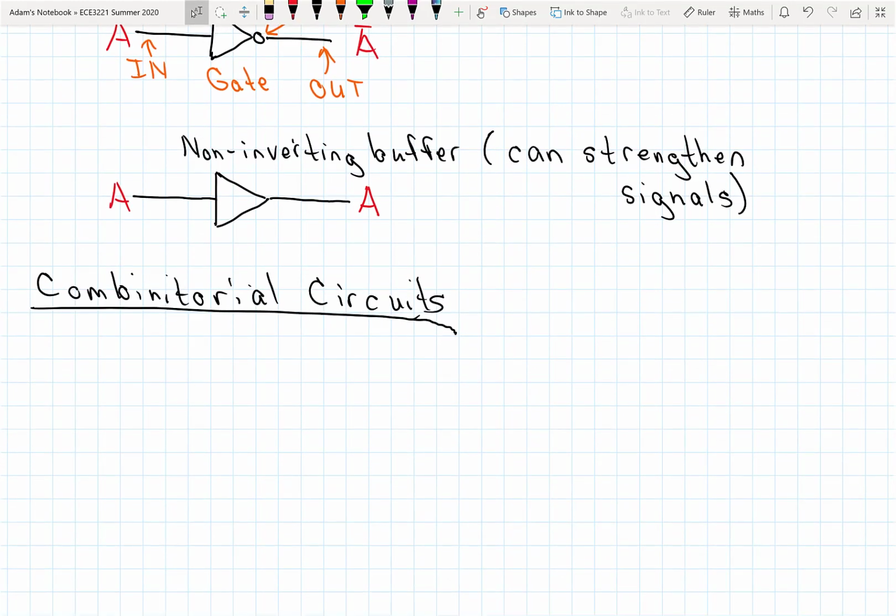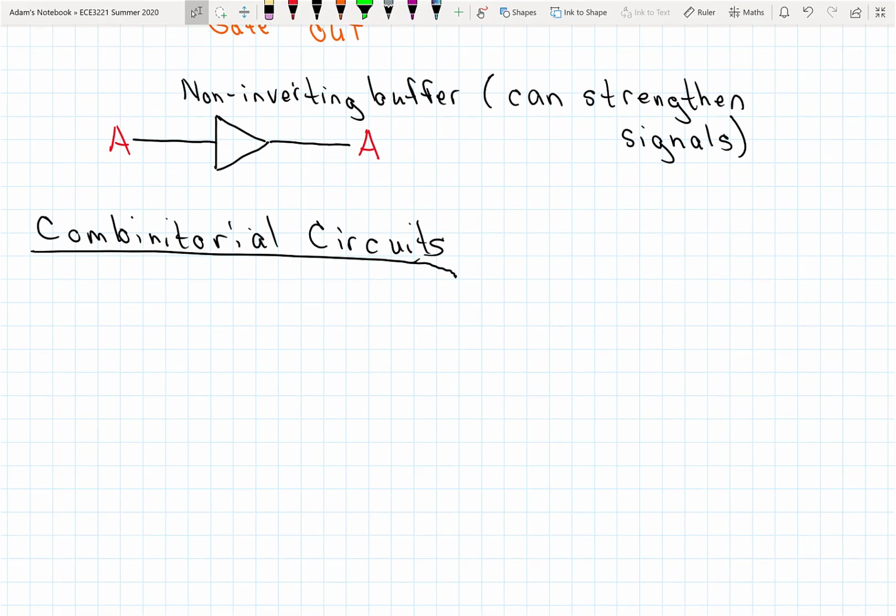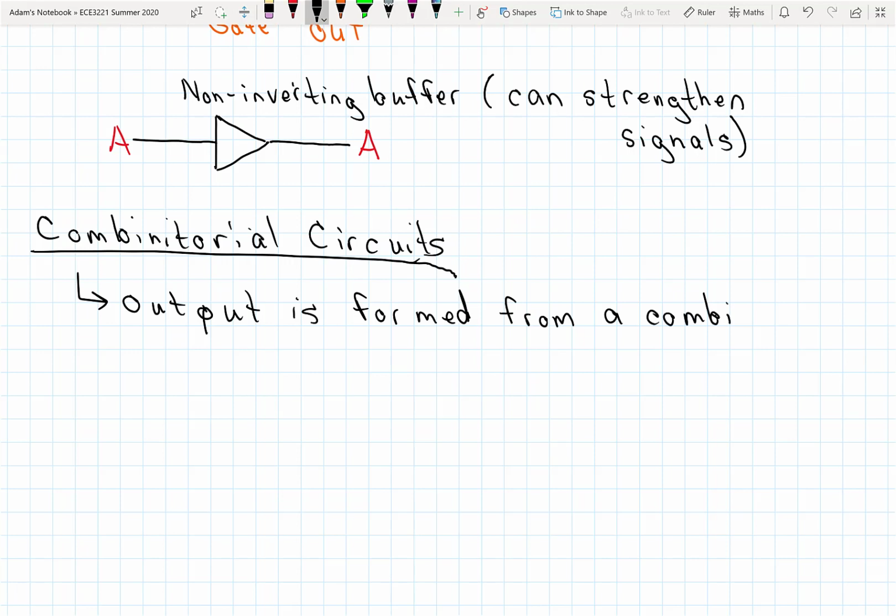So the first class of circuits is combinatorial circuits, sometimes referred to as combinational logic. Okay, with this type of logic circuit, the output is formed from a combination of inputs.